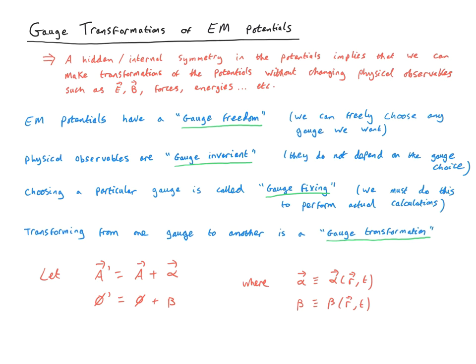So these transformations that I've written down here for A primed and for phi primed are of course the most general possible things that I can write down. So what is the condition that the physical properties remain unchanged? Well, I'll focus on the electric and magnetic fields. What we require is that the electric and magnetic fields obtained from the transformed potentials are equal to the electric and magnetic fields obtained from the bare potentials.